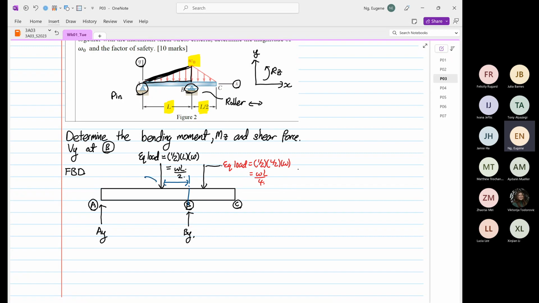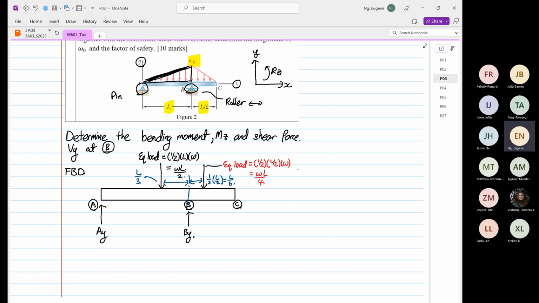So this is equal to L over 3. I will explain later during the course why it is L over 3. This is just an introduction for now. And on the other side, over here, is equal to 1/3 multiplied by L over 2. So it's equal to L over 6.